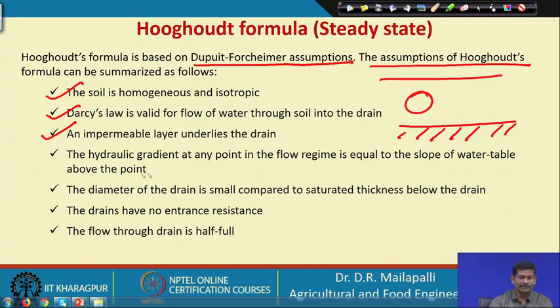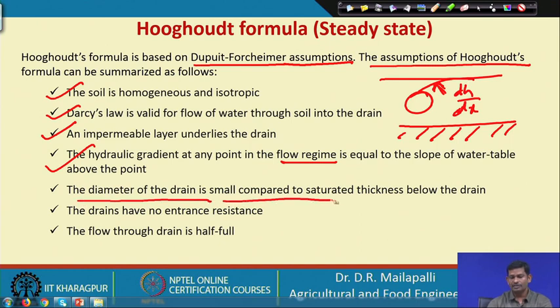And then the hydraulic gradient at any point in the flow regime is equal to the slope of the water table. So, the hydraulic gradient, that is dH by dx, at any point dictates the flow regime, the flow process or flow direction. The diameter of the drain is small compared to the saturated thickness below the drain.